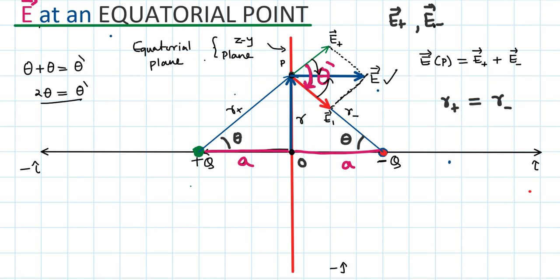So what is half of theta prime? Half of theta prime is indeed the angle theta. What do you understand from that? Only one thing: the vector E is parallel to the i cap direction, or parallel to the x-axis in the defined coordinate system.